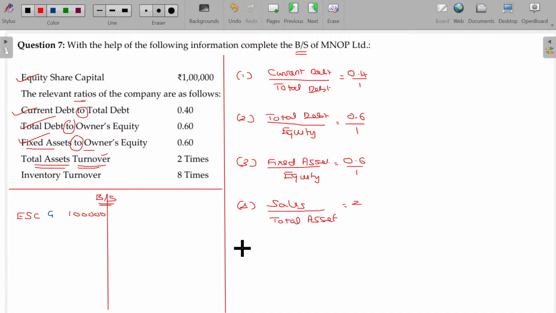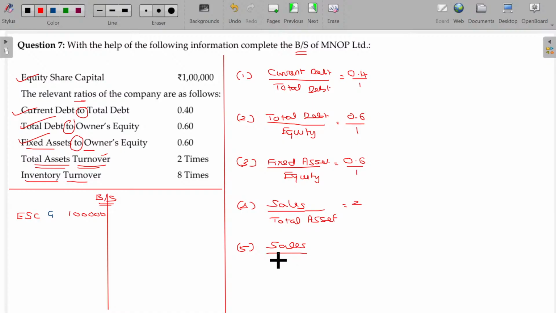And inventory turnover ratio. Cost of goods sold: I could not calculate cost of goods sold, so I take the sales. There is no GP details at all, right? So inventory turnover ratio: turnover should be the numerator, inventory should be the denominator.